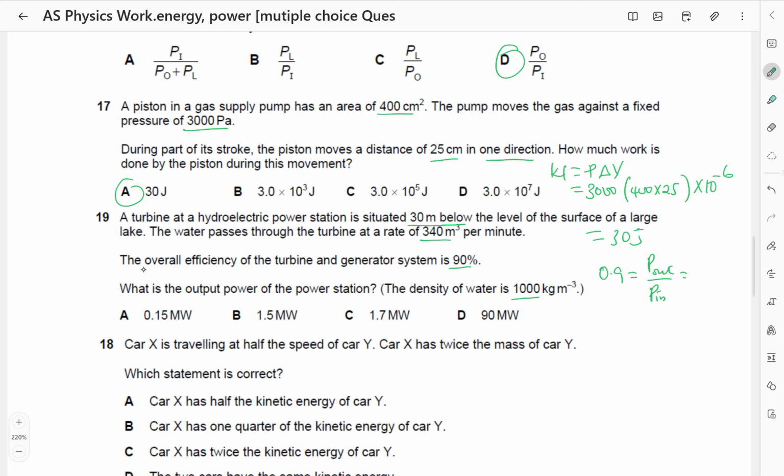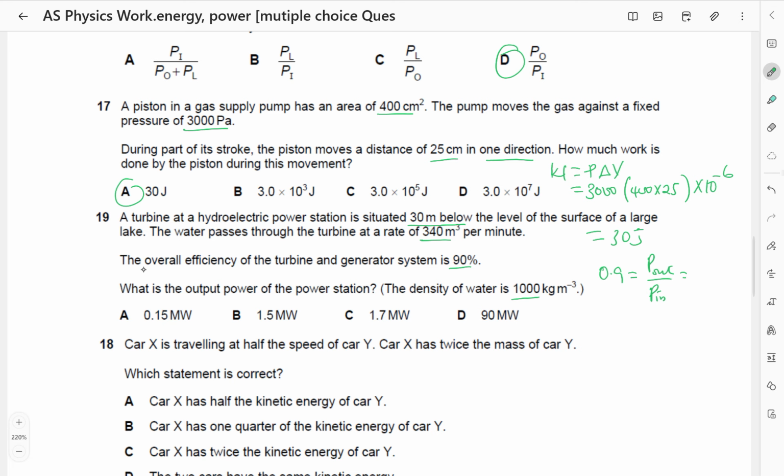The water passes through the turbine at a rate of 340 meters cubed per minute. So we are going to find the total work done by the water, and compare with the power output.